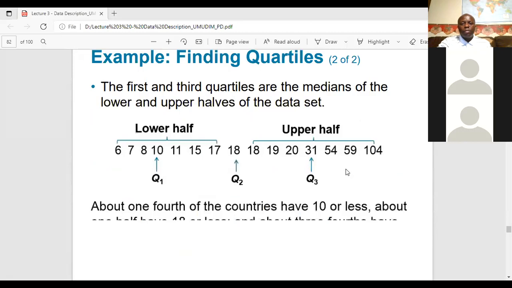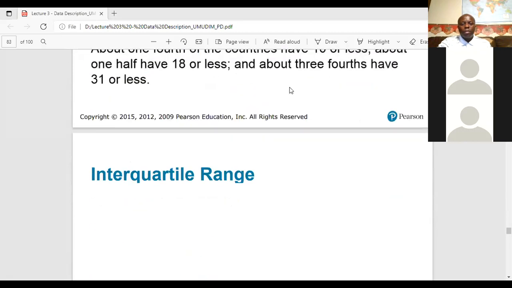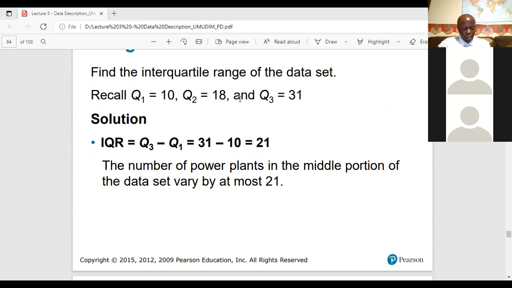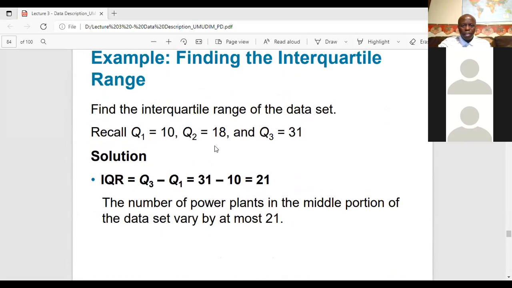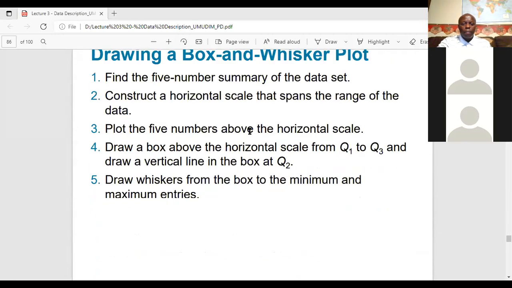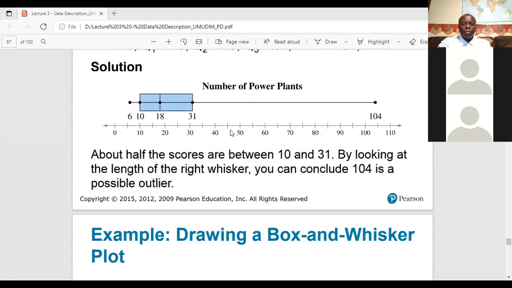I've listed them down here. In this case, they gave you the number, Q3 is 31. So you can see it right here. You make a box like this one.